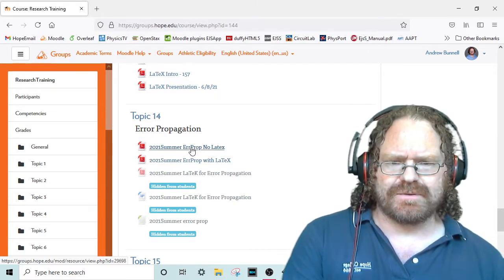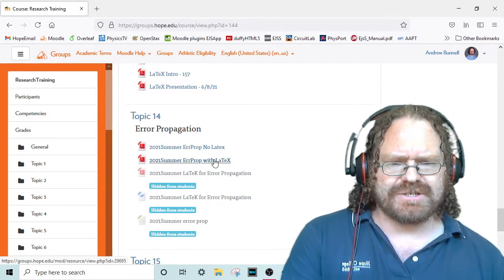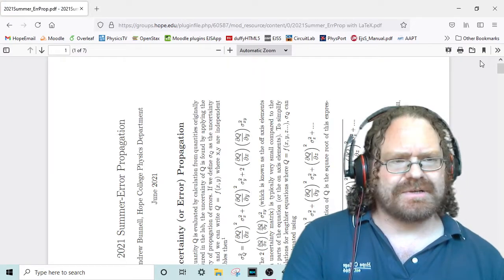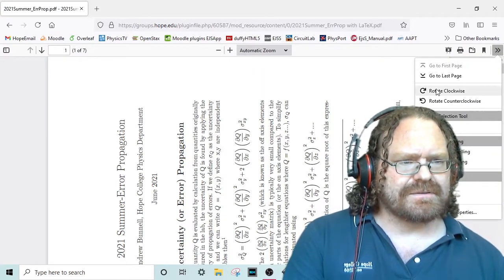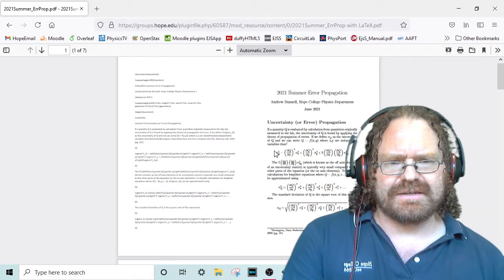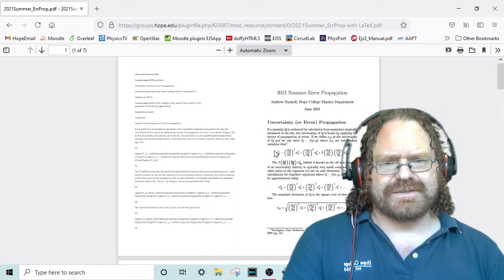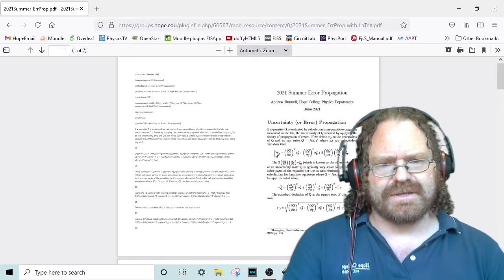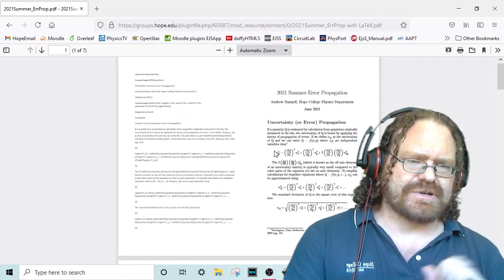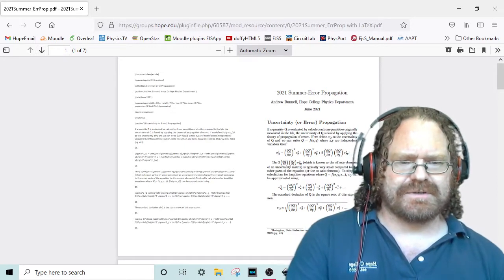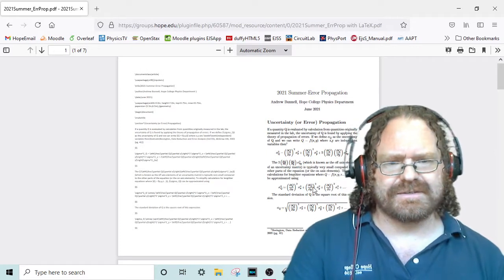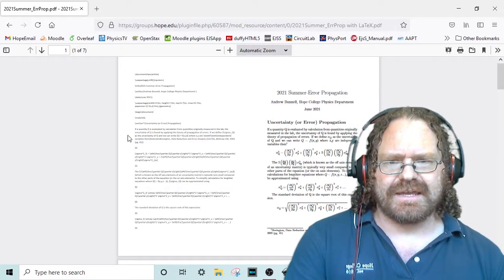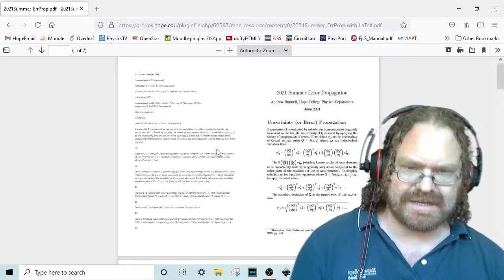We're going to be going over the one with no LaTeX, but I just want to open this one up and rotate it really quick and show you that I have included all the LaTeX code for this presentation in this chapter, which has been slightly modified from the chapter in the GenPhys manual. To the side, there's all the LaTeX code for every page.